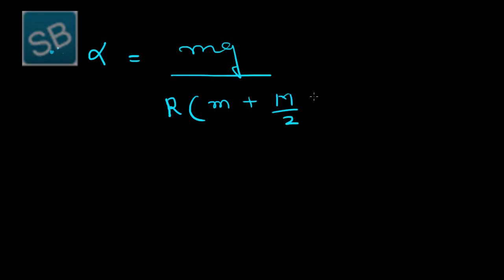Therefore, the value of angular acceleration will be, after the simplification, mg over capital R into small m plus capital M by 2. That is the final equation, and hence with this all the illustrations are completed. Now let's see the last theory of this chapter.